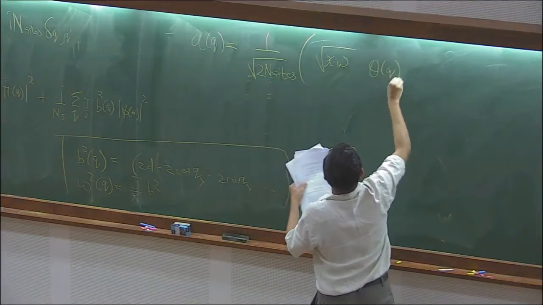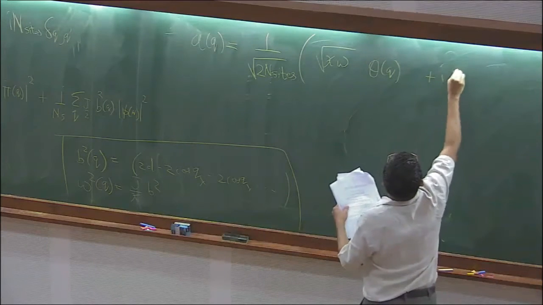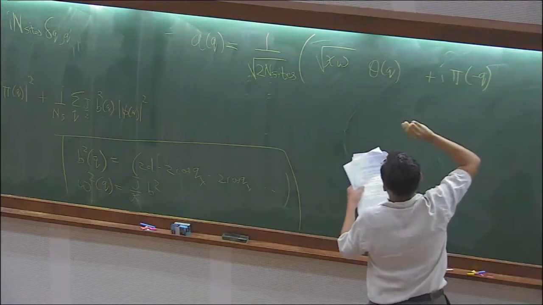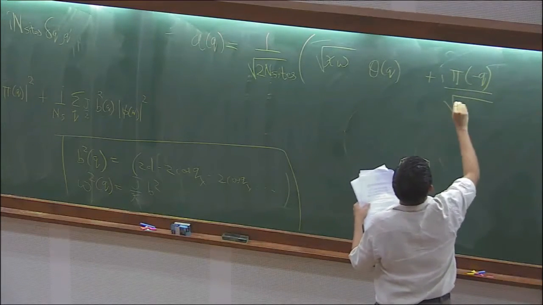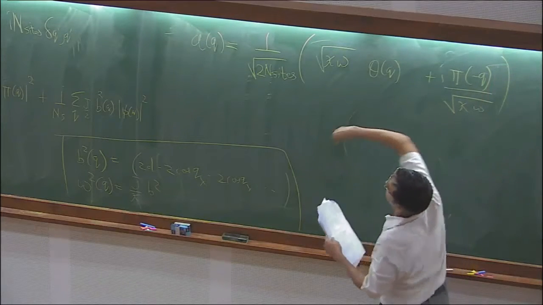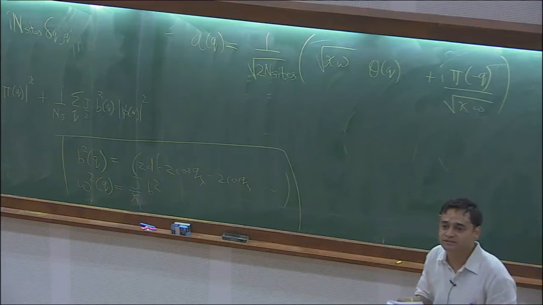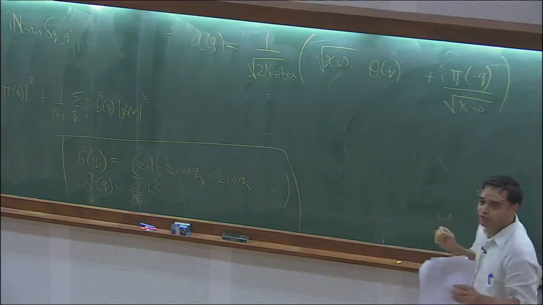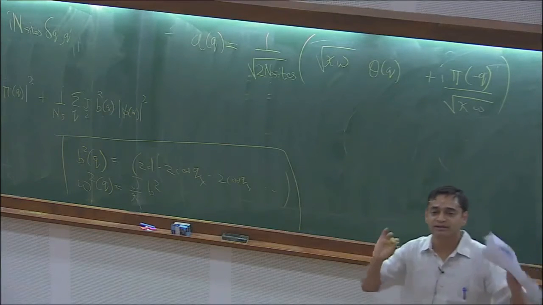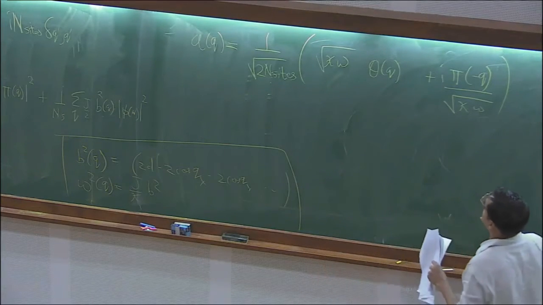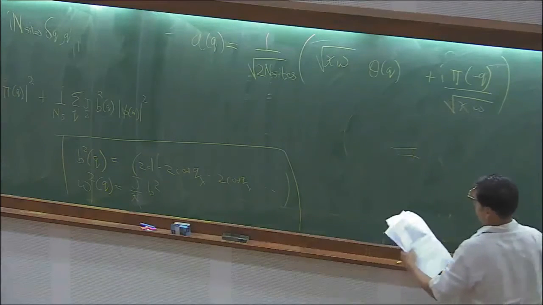Theta q plus i pi minus q by square root kappa omega, and then A dagger of course follows. This is just straightforward algebra of the type you've done many times in class, and I've already in a self-contained way told you about creation annihilation. So there's no need to dwell on this. Let's write down the answer.